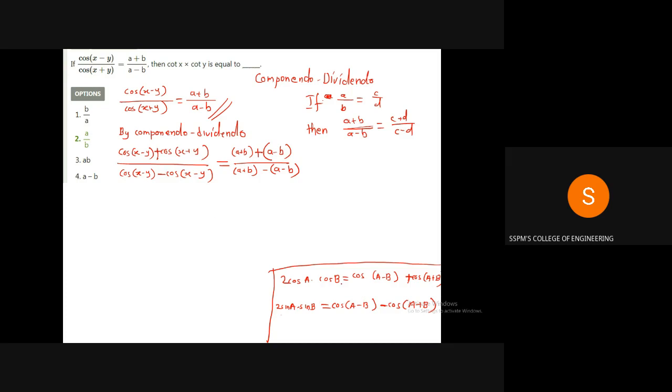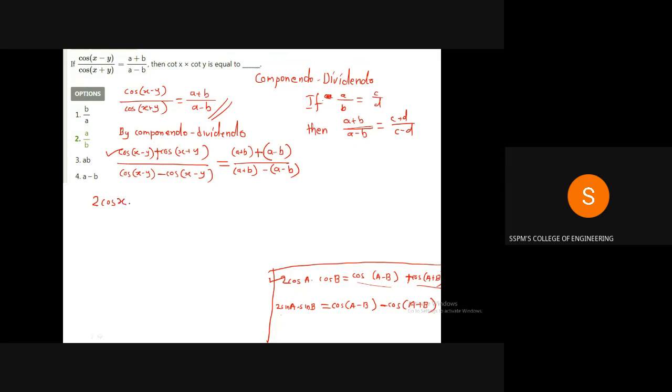You see this numerator, cos (x minus y) plus cos (x plus y). The plus is between these two terms, so we will have to use the first formula. So we will get 2 cos A cos B. What is A here?